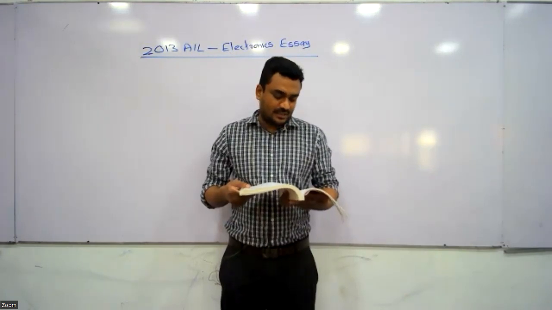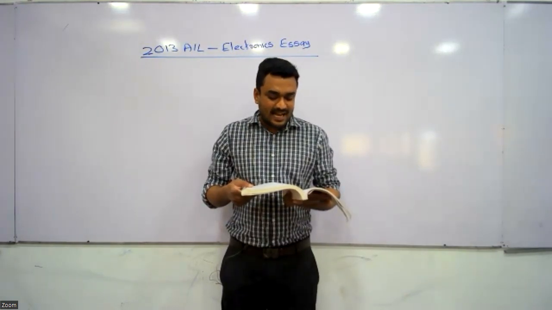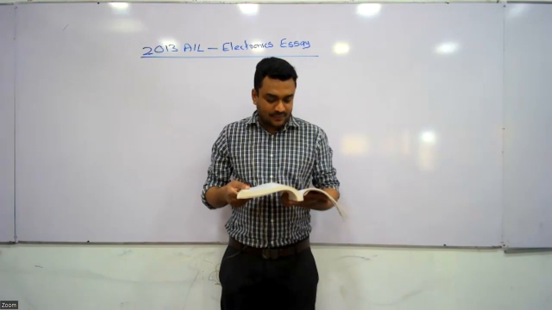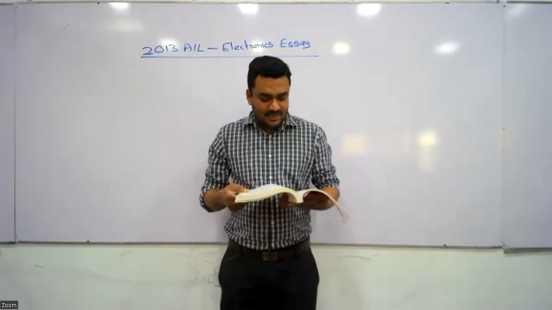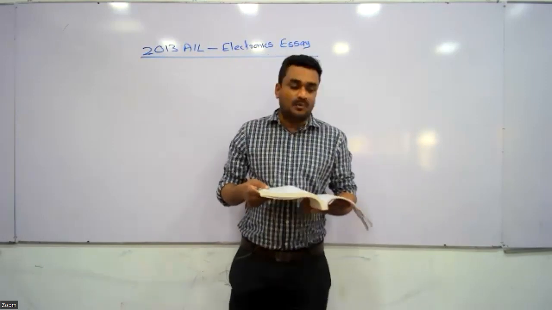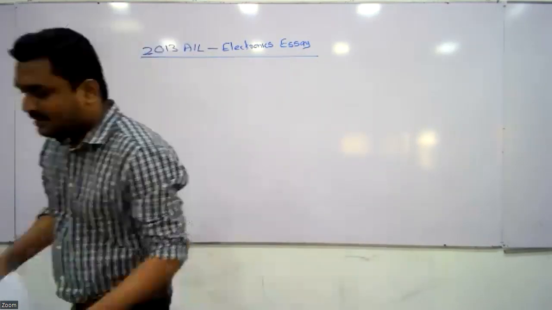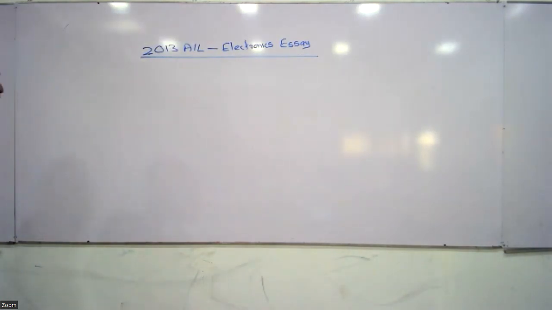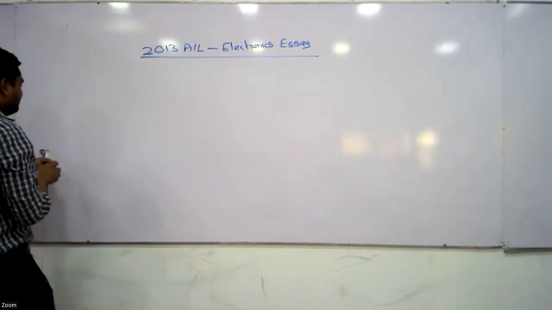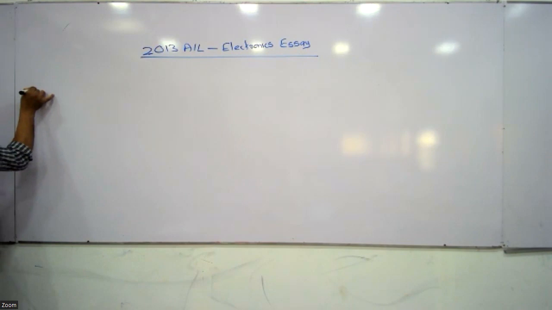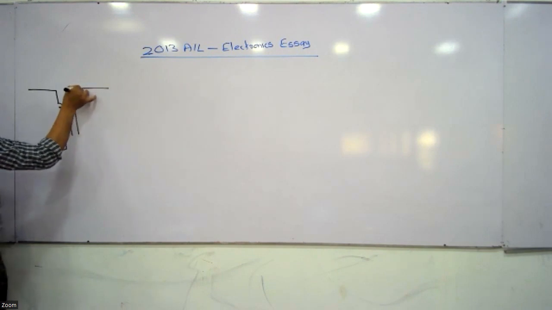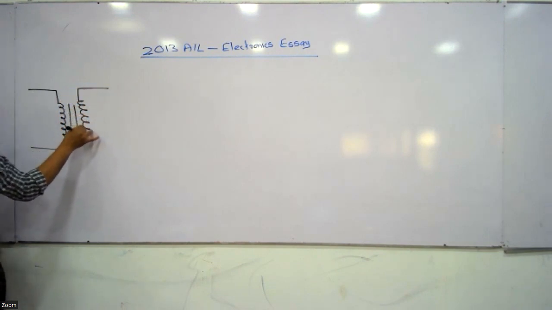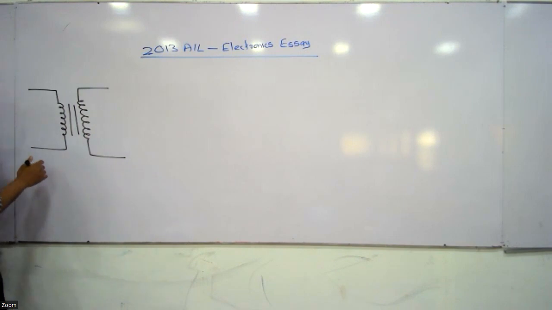Draw a circuit diagram of a bridge rectifier connected to the appropriate terminals of the above transformer. Right. So what is the circuit symbol of a transformer here? This is the circuit symbol of a transformer. A step down transformer means it reduces the voltage.